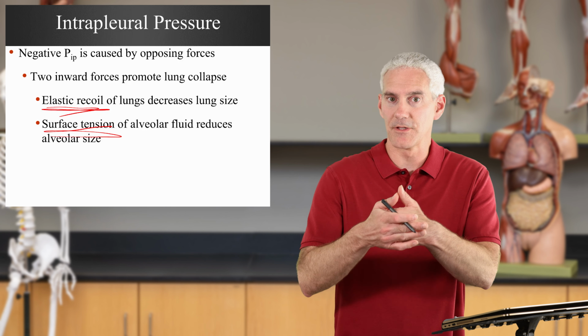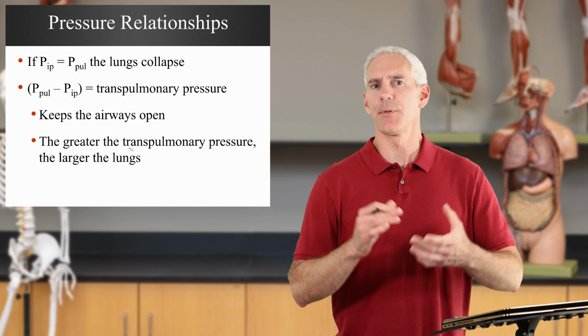The greater the transpulmonary pressure, so instead of -4, maybe it's -5, -6, -7, the more negative, the larger the difference, the larger the lungs are. The way you can think about it is if these lungs are trying to recoil smaller, but you stretch them out even more, they have even more force wanting to recoil. Think about a balloon.